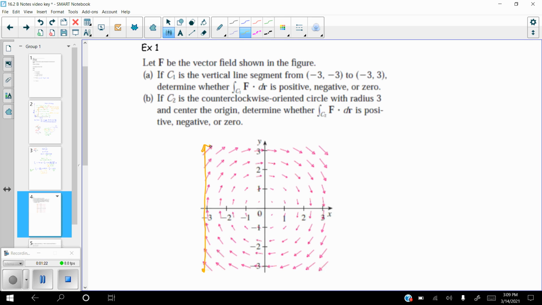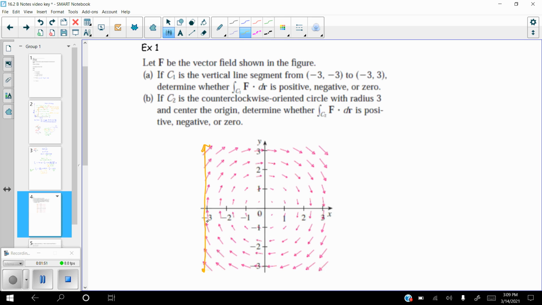We want to determine whether the line integral is going to be positive, negative, or 0. So basically, is our vector field helping or hurting in our direction? Well, all of these vectors are in what looks to be a counterclockwise circular rotation, so as we go up the orange line, every single one of them is generally in the same direction.